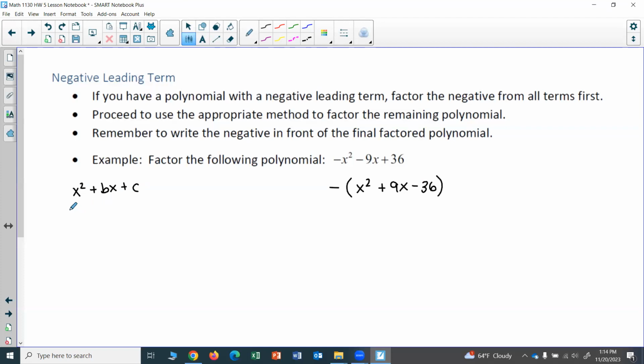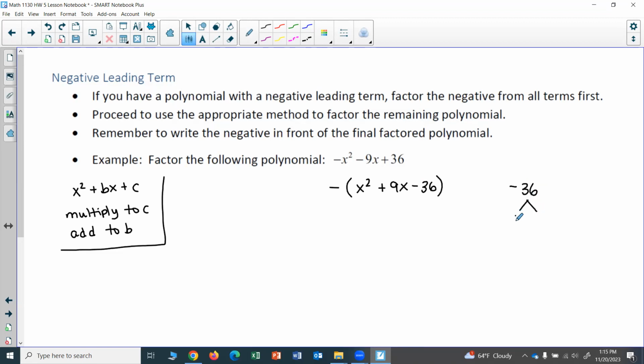And so I'm looking for two factors that multiply to be c and add to be b. So I'm going to look for two factors that multiply to be negative 36 and add to be positive 9.